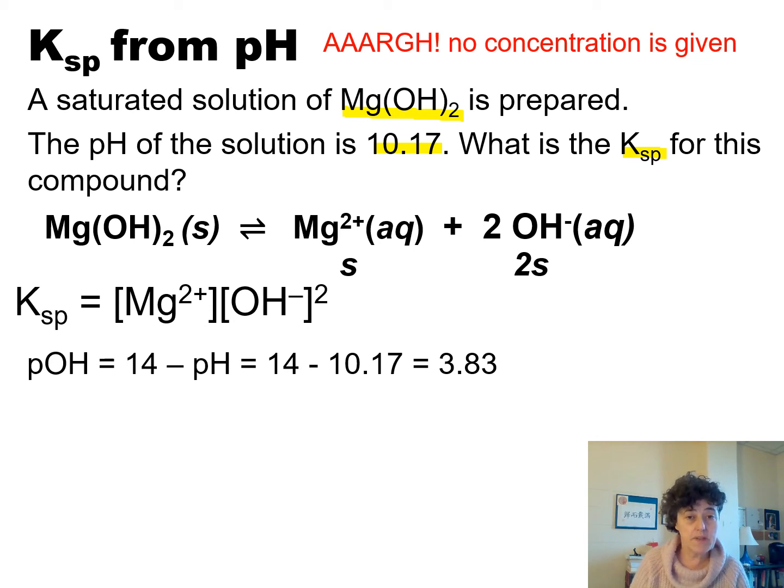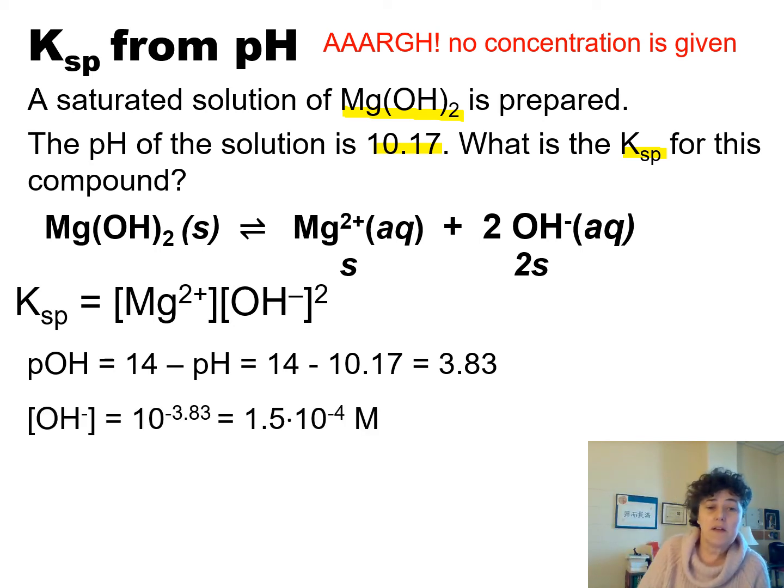So if you're given the pH and it's 10.17, we can calculate the pOH by a subtraction. 14 minus 10.17 is 3.83. So that's the pOH. We can use the antilog to calculate the actual molarity of the OH minus, and so the concentration of the OH minus would correspond to this number.